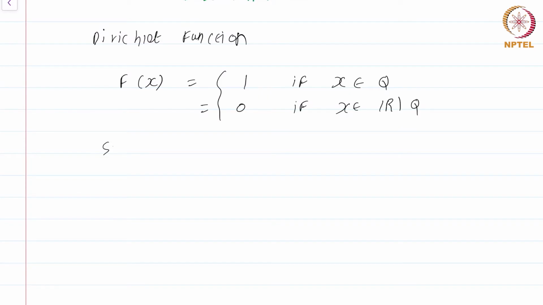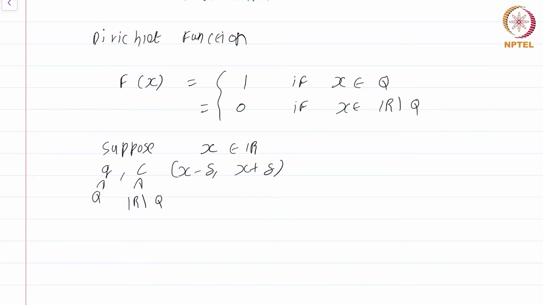Now suppose x is in R. It doesn't matter whether it's irrational or rational. Then any interval x minus delta comma x plus delta will contain both a point q that is rational and a point c that is irrational.